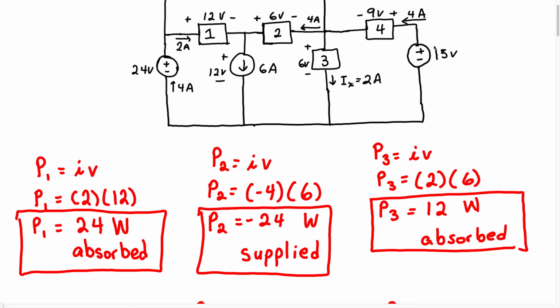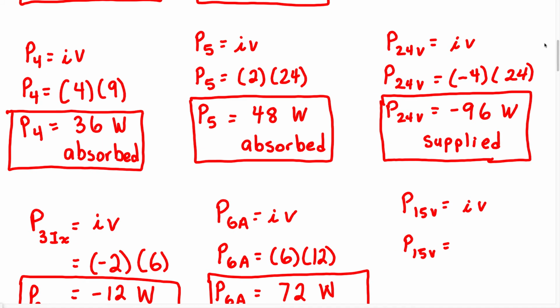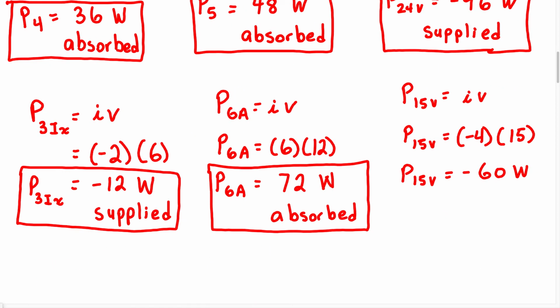So we're going to have a -4 amp current multiplied by 15 volts. When you solve for this, you're going to get the answer to be -60 watt, and that's going to be supplied. This is our power for this particular element.